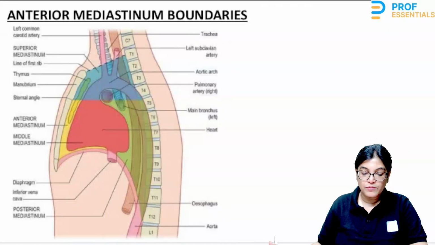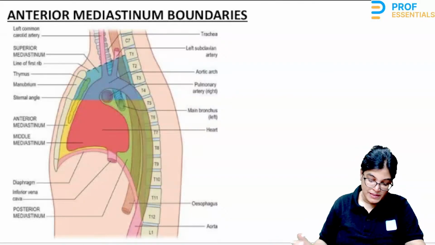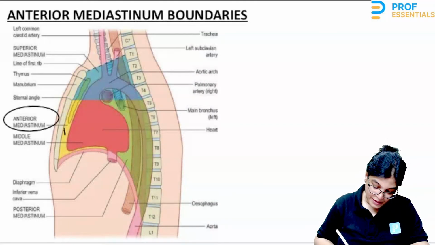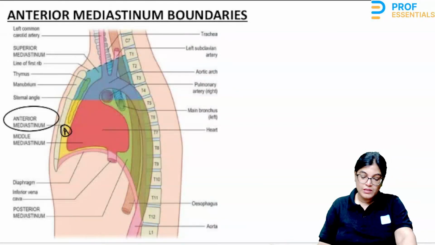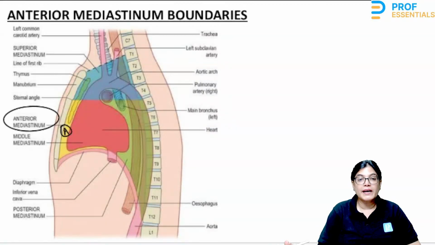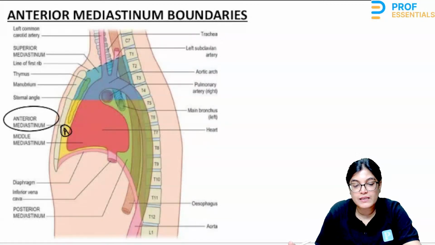This small yellow colored area is exactly the space lying anterior to the pericardium and the heart, and posterior to the body of sternum. This is the space called the anterior mediastinum.